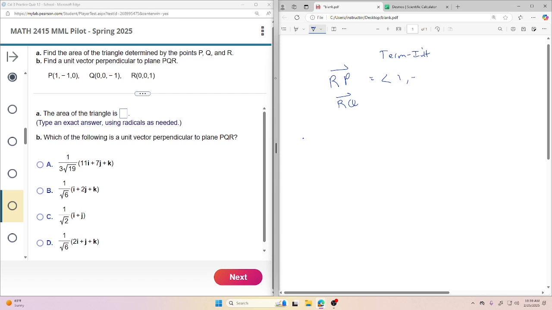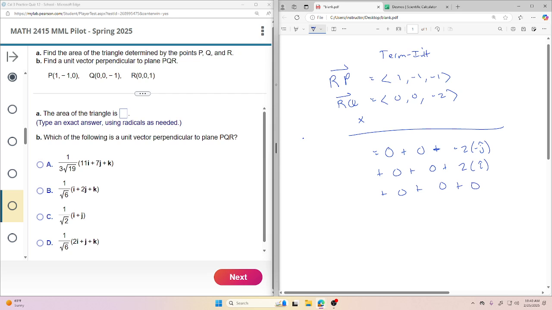So I'm going to do P minus R. So there'll be a 1, a -1, and then a -1. And then Q minus R would be a 0, a 0, -1 minus 1 more is a -2. Then I get to cross it. It's conveniently placed. 0 again, -2, and that's a -j component. 0, always a 0, +2, positive i component, and then 0, 0, and always a 0.